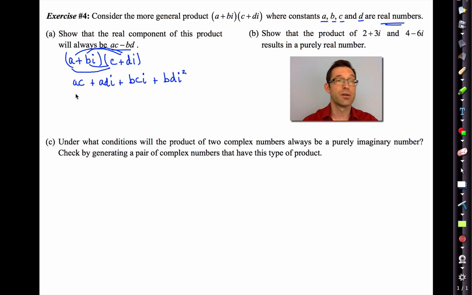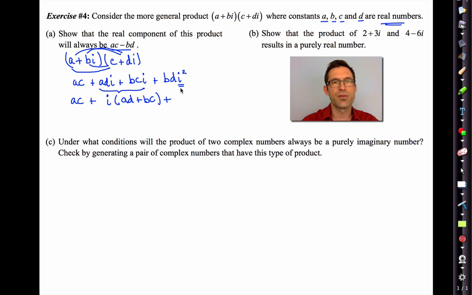Okay, what can I do with this? I'm going to factor an i out. I can do that: a times d plus b times c.